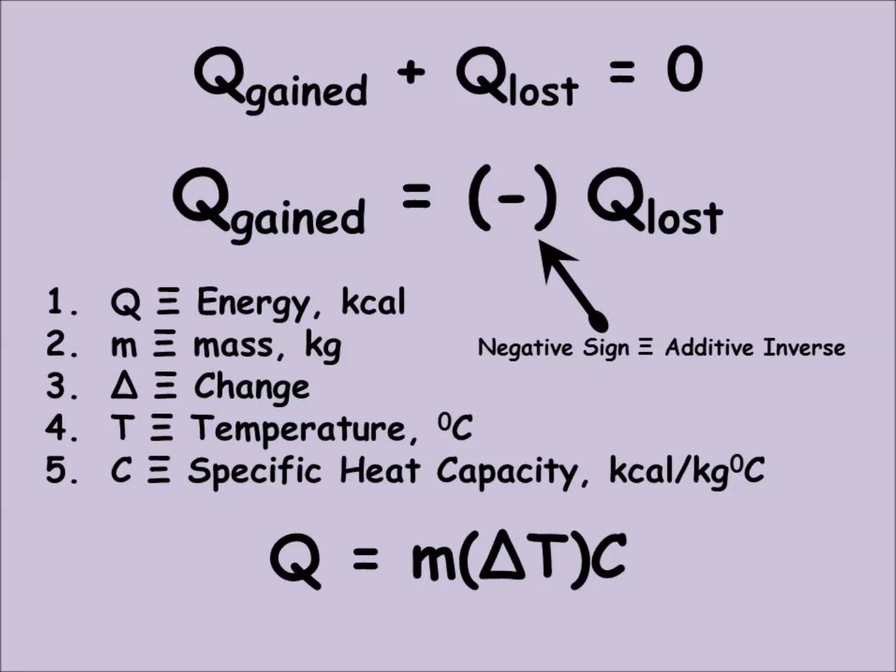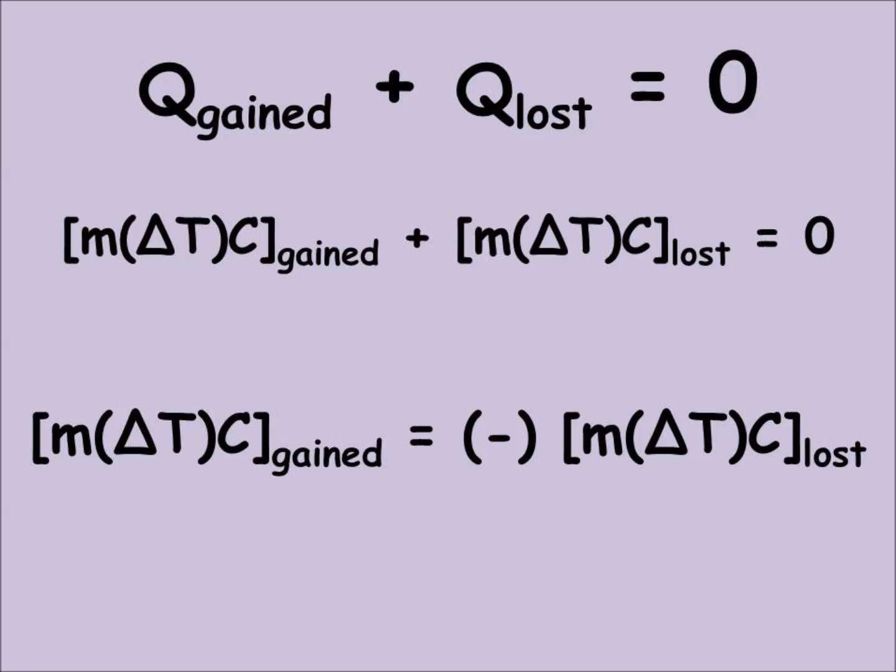The heat gained plus heat lost equals 0, and therefore, setting them equal to each other, heat gained equals the additive inverse of the heat lost. Here are the different values. Q is energy, m is mass, delta T is change in temperature, and c is specific heat capacity. And we will be using a variety of different values for the specific heat capacity. Those values will be fully explained on your equation sheet.